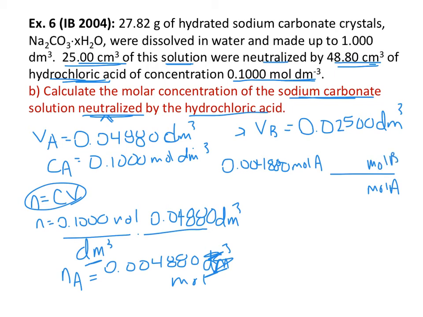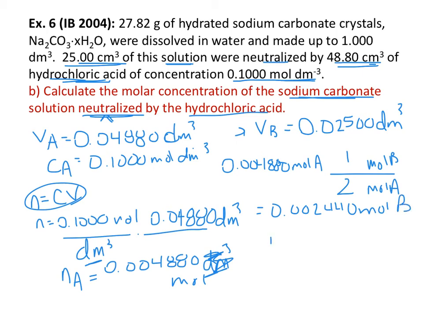If I go back to the balanced equation, which I don't have on the screen, from the previous slide, for the moles of acid, there was 2 for the hydrochloric acid, and for the sodium carbonate, there was just 1. So that's going back to the balanced equation from part A. So basically I need half as many moles for the base. So it's going to be 0.002440 moles of the base.